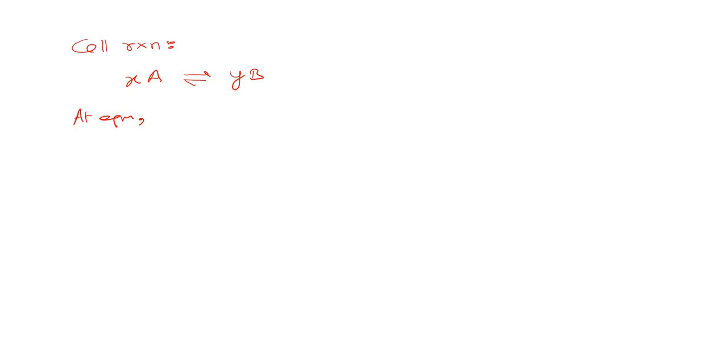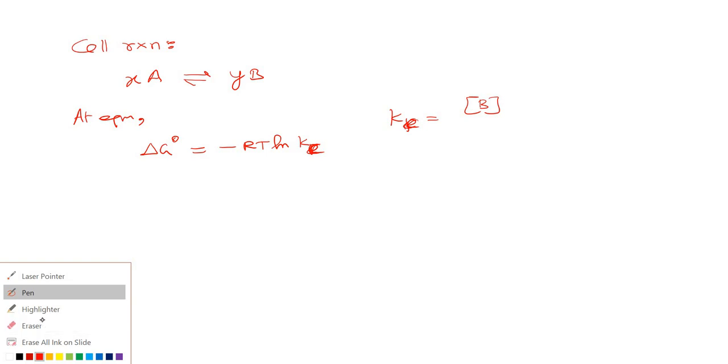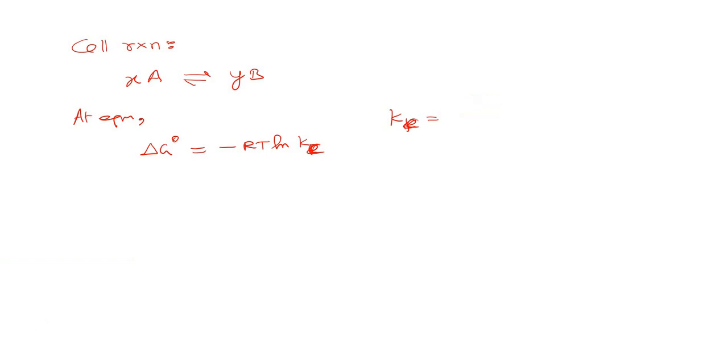So I'm going to do it directly: at equilibrium, we can write delta G naught for the reaction as minus RT ln KP, where KP is nothing but partial pressure, or in terms of concentration I'll write it as Kc. So Kc can be given as the concentration of B power, or the right expression is activity. So I'll write it in terms of activity.